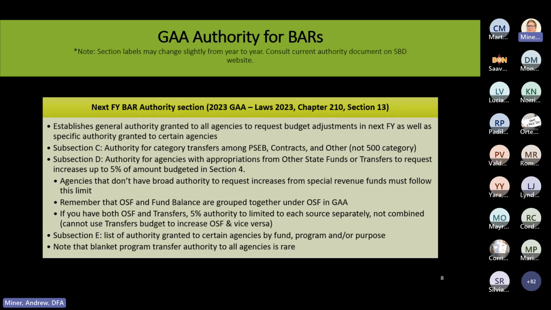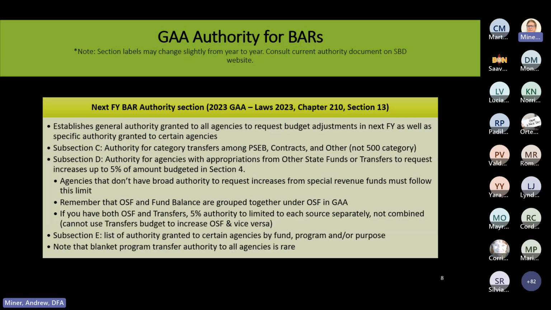In other words, if you have $1 million in your other state funds appropriation, you could use that $1 million as authority to increase your budget by 5%, which is $50,000, right? You could increase your budget by $50,000 in that fiscal year. So again, if you do not have broad authority from your statutes to request increases from those special revenue funds, this is basically what you're limited to, your 5% authority.